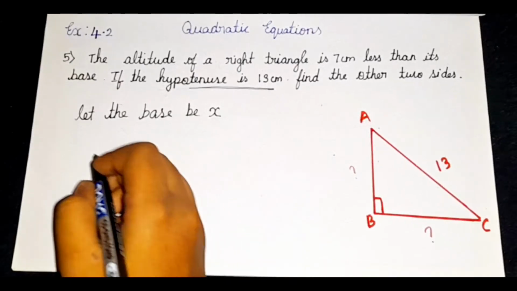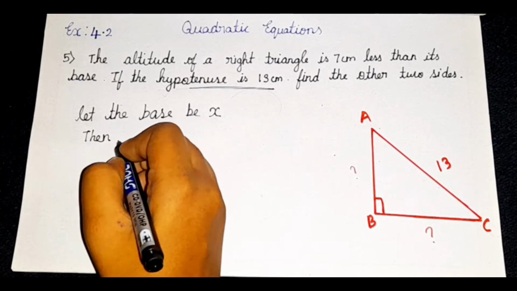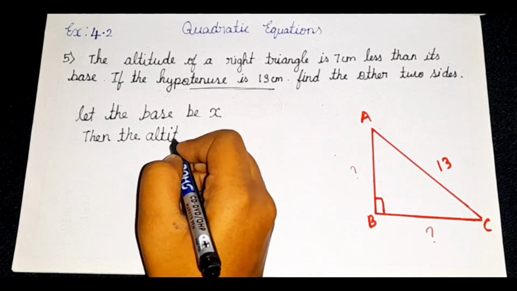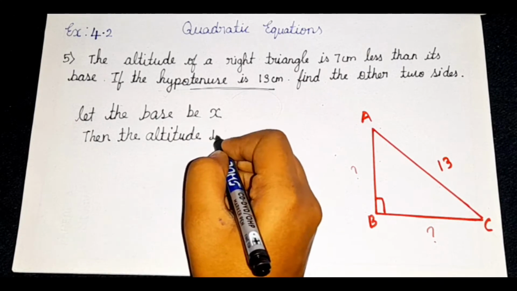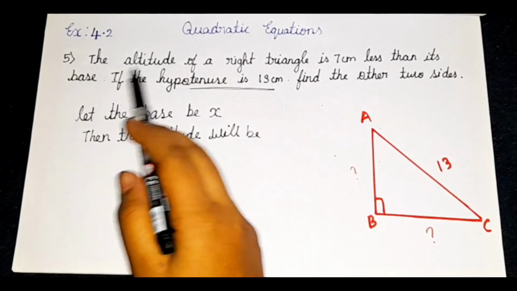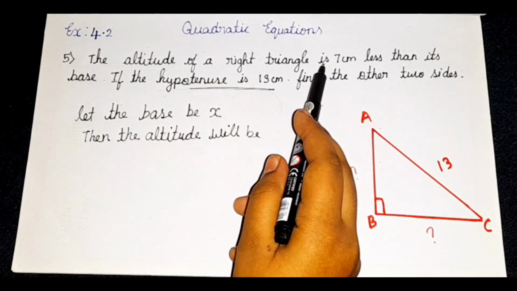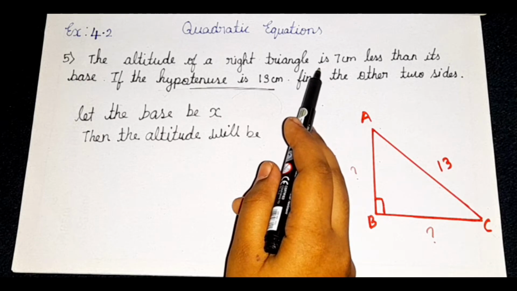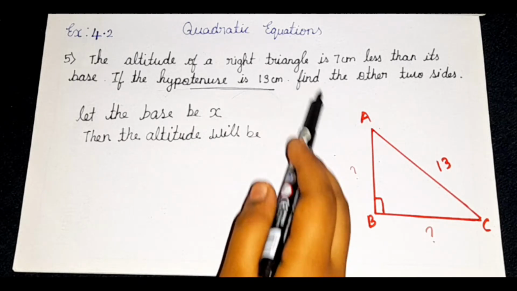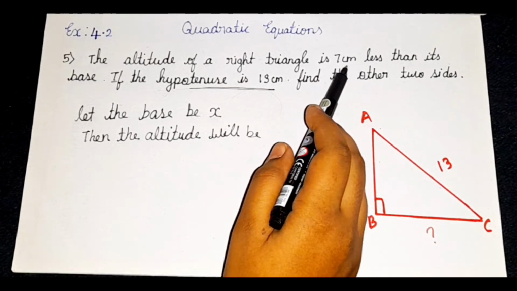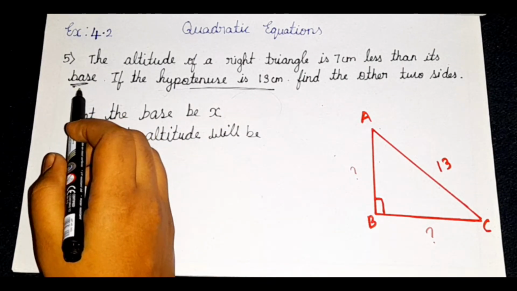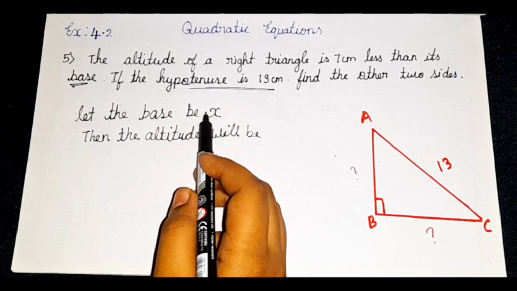If the base is x, then the altitude will be x minus 7. Read the question properly and try to understand. The altitude of the right triangle is 7 centimeter less than its base, but we didn't know the base value, so we took it as x.